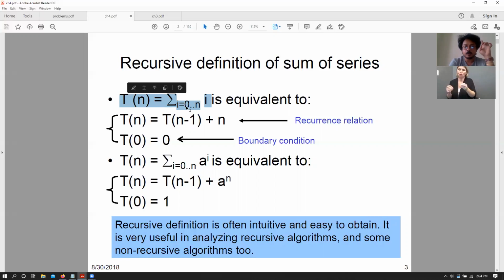How would I find the time complexity of this particular equation, that is T of n equals the sum of i from 0 to n? An arithmetic series? Perfect. So what would be the answer if I had 0 plus 1 plus 2 plus 3 all the way to n? Any takers? Perfect. Okay, you guys are correct. This was the iterative formulation of our function.